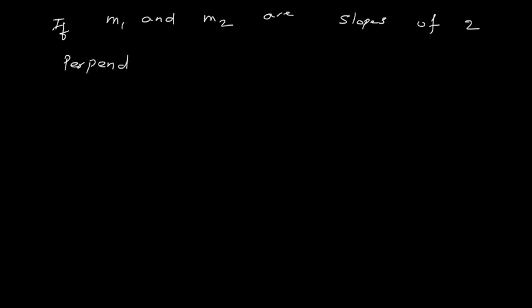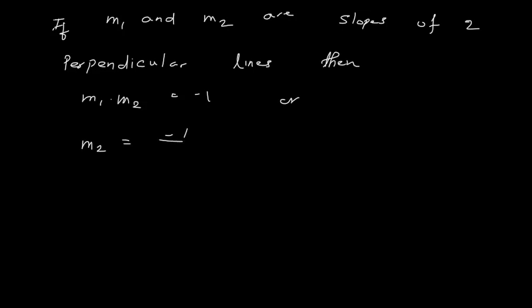So here we know that if m1 and m2 are slopes of two perpendicular lines, then m1 into m2 equals minus 1, or directly you can say that m2 is minus 1 upon m1.